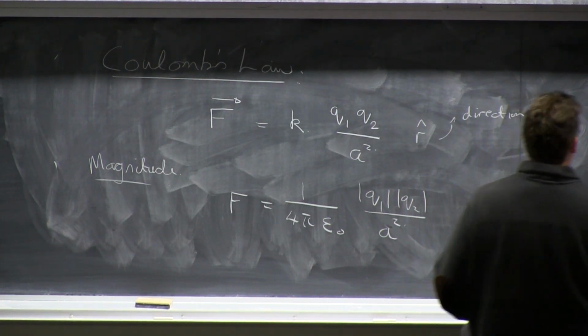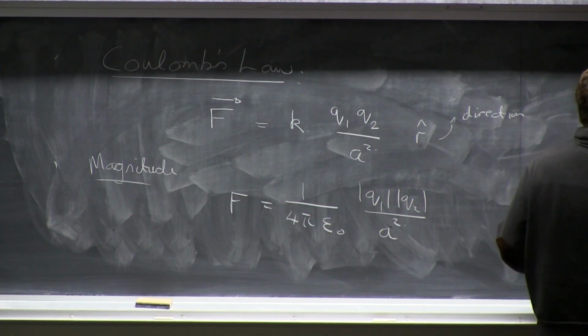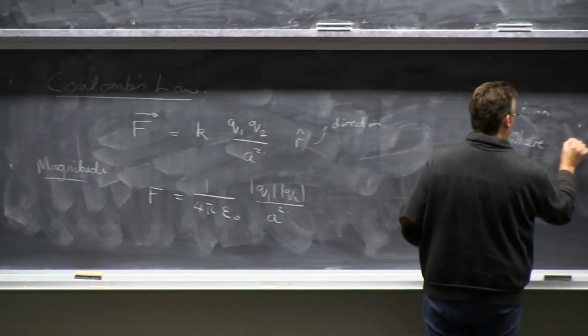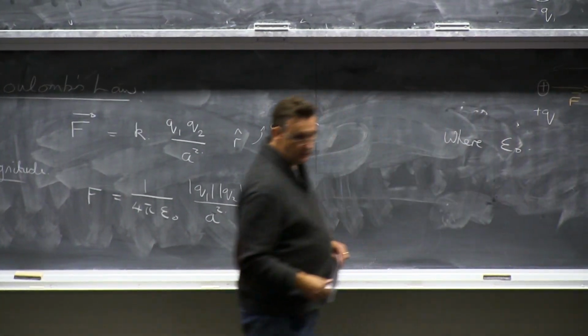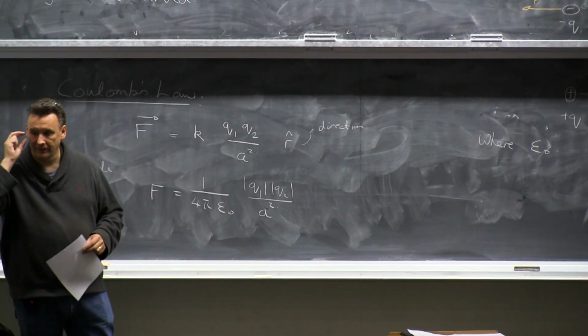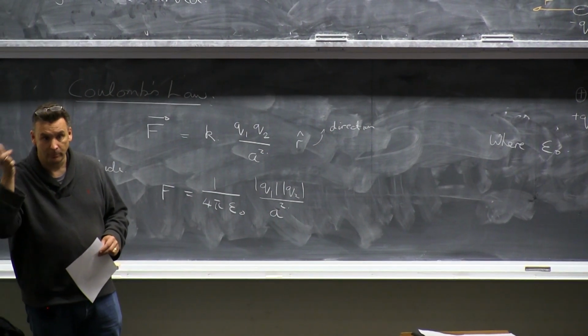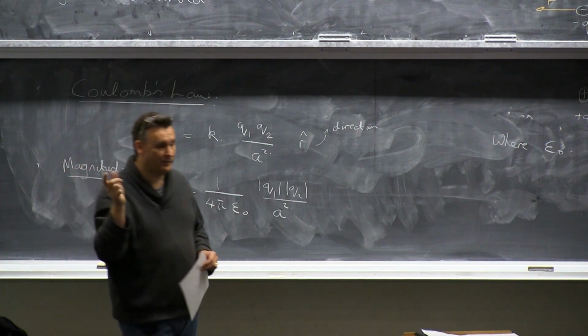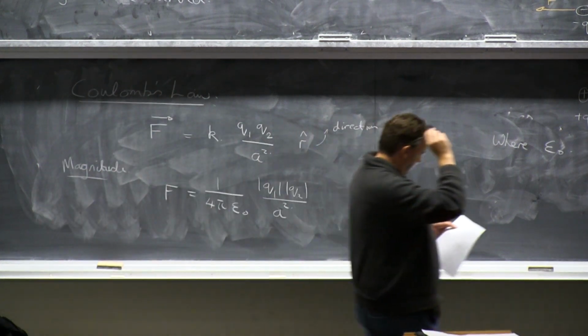So where can we go? Let's go over there. Where this thing epsilon naught, you know what this one's called? Maybe? Permittivity. This is the permittivity.